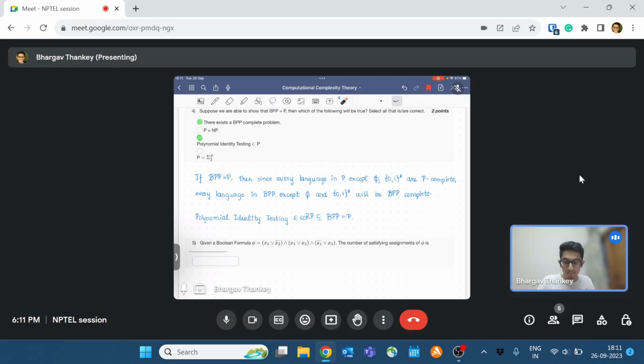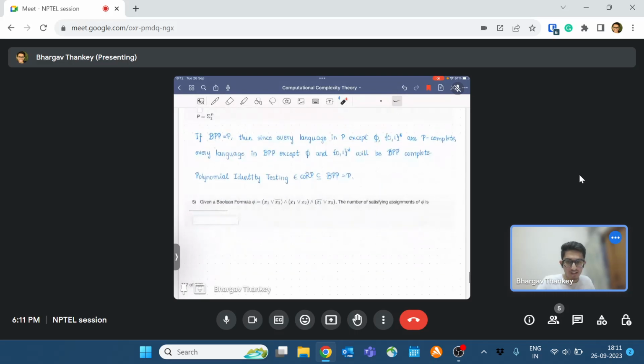A probabilistic Turing machine may not be equal to a deterministic Turing machine, but what can happen is the following: for every probabilistic Turing machine, there exists a deterministic Turing machine which accepts the same language. So the two Turing machines might not be the same, but they might still accept the same language. In fact, you also face this with the P versus NP problem, because for a language in NP, you have a non-deterministic Turing machine.